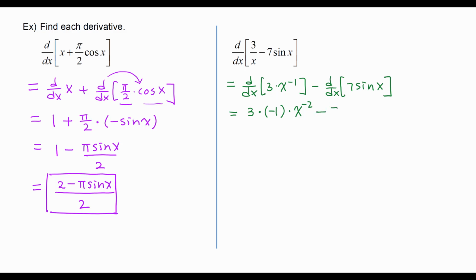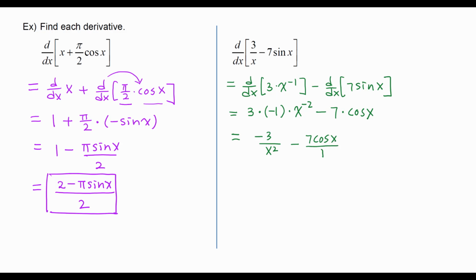We leave the constant multiple 7 in the front and take the derivative of sine x, which we just learned is cosine x. When we clean this up, I have negative 3 over x squared minus 7 cosine x over 1.